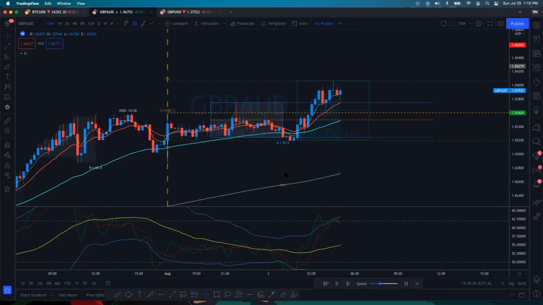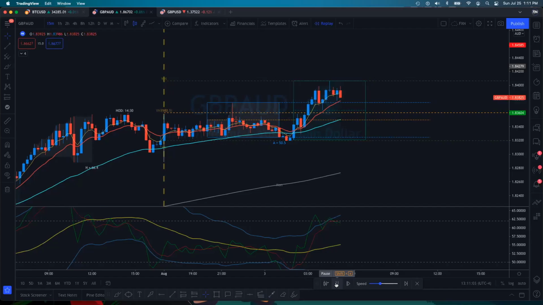Granted, it's very slight, but you can see that the first leg and second leg are off each other, while this is all the same. So you do have the slightest, very small divergence there, which is good. Let's see if we get anything that could help us get into the trade.